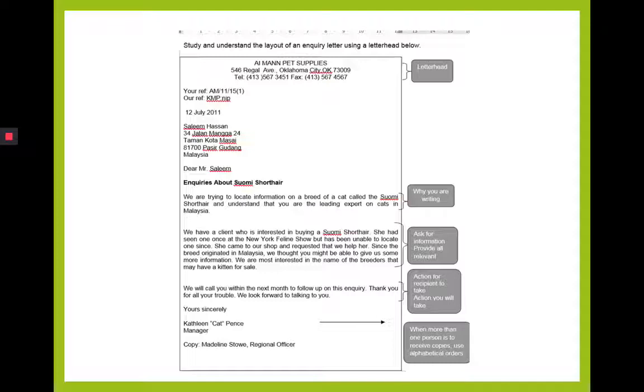Or if you do not have one, if you're not writing on behalf of anyone, you are writing on behalf of yourself, so that should be your own address. Okay, you do not need to have your name on top. So your own address, you can put it here. Okay, you can keep everything to the left.